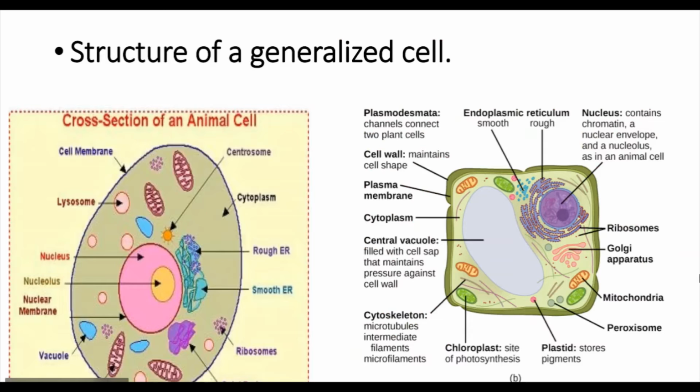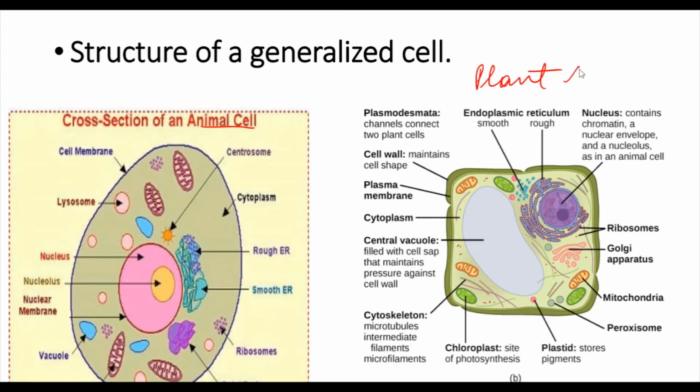Now let us understand everything in detail, children. What you can see on your screen is two generalized cell diagrams. One is that of an animal cell and the other is that of a plant cell. Now before starting with each and every structure, it is better to first look at the dissimilarities between the two types of cells, that is plant cell and animal cell.